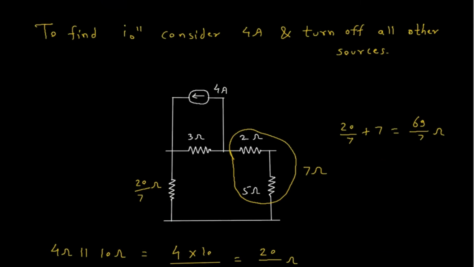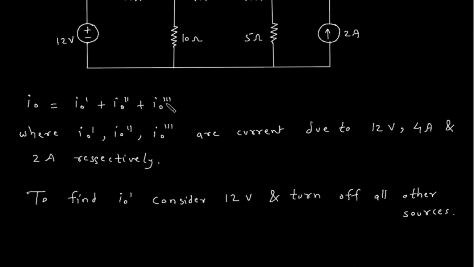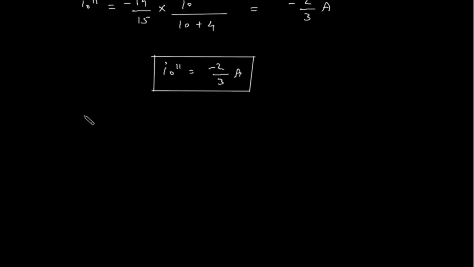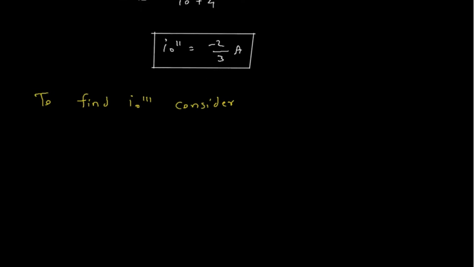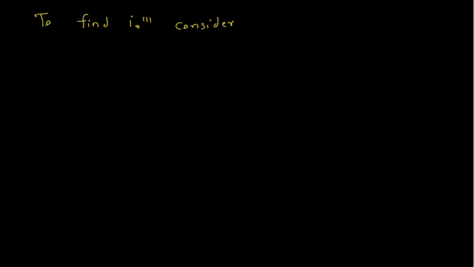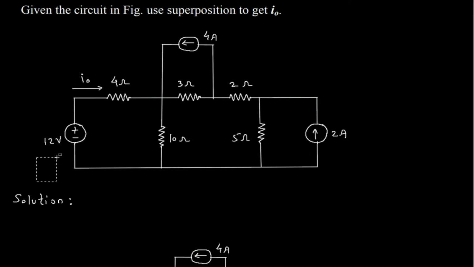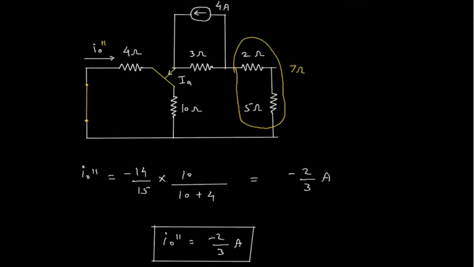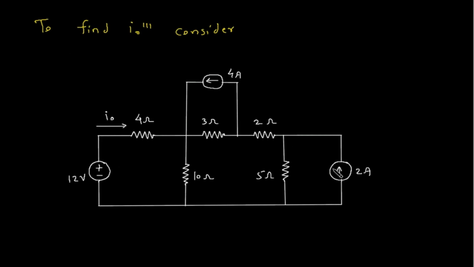Next, we have to find IO triple prime. So for finding IO triple prime, we will consider this 2 ampere current source and turn off all other sources.